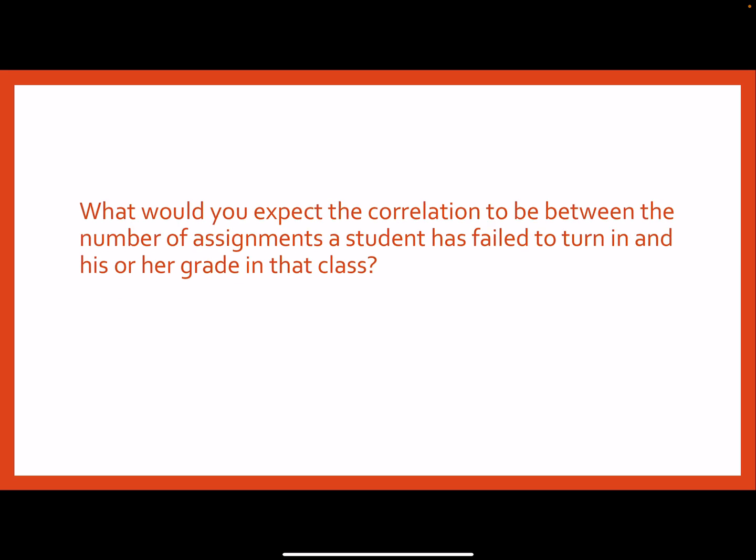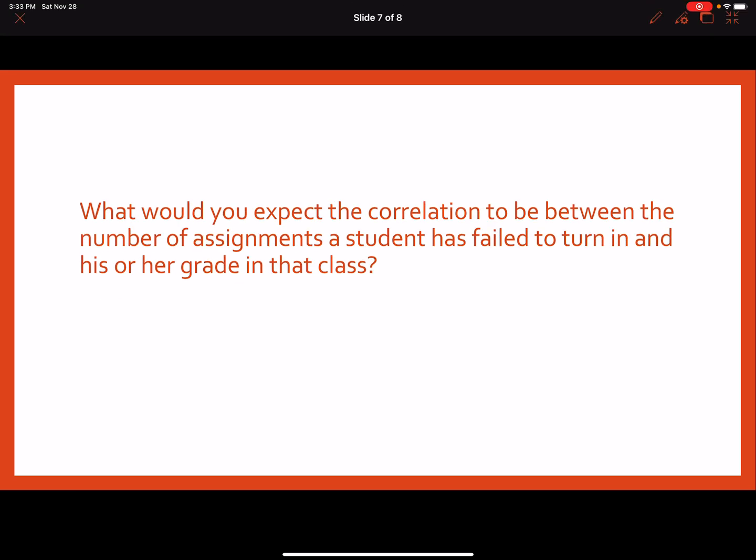What would you expect the correlation to be between the number of assignments a student has failed to turn in and his or her grade in that class? So we're looking at the number of assignments a student has failed to turn in and his or her grade in that class. Now let's think about this relationship.